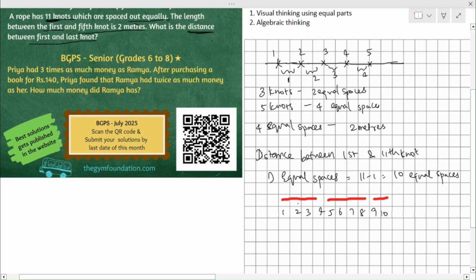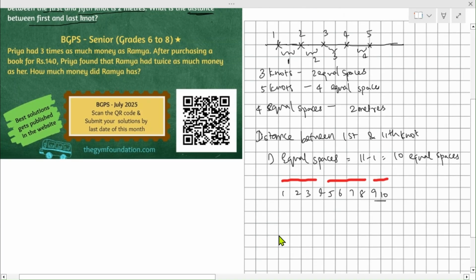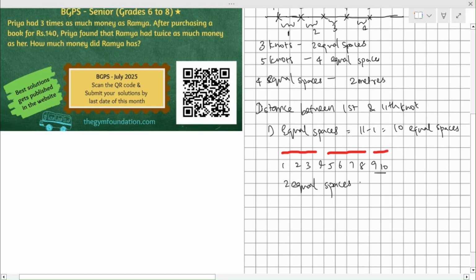So you can have two such sets of four equal spaces, which is equal to 8 meters, and then there are remaining two equal spaces. So you can think how to find two equal spaces. If you know four equal spaces, then two equal spaces will be half of it, isn't it? So what is half of two? Which is nothing but 1 meter.